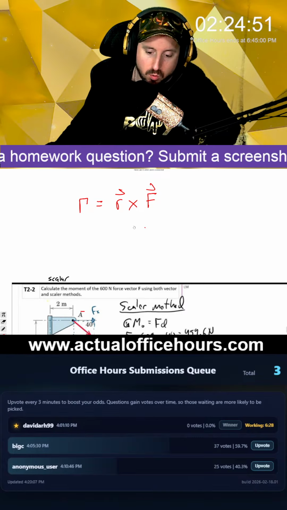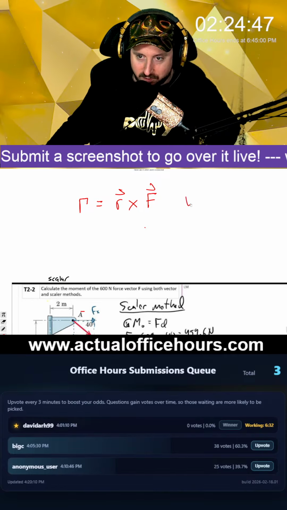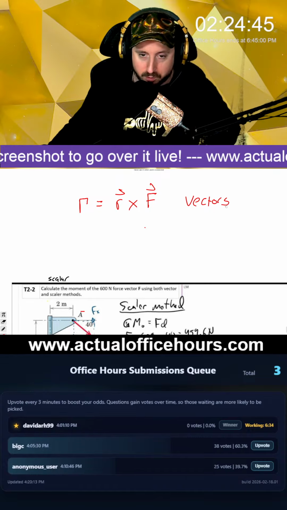You can also think of this in what they call the scalar method. So this is with vectors, right? You have to do cross products with vectors.